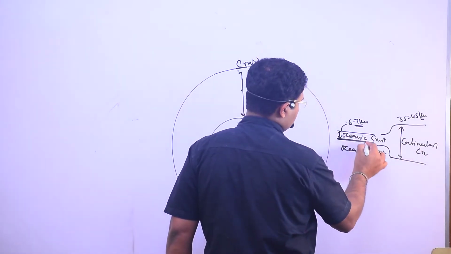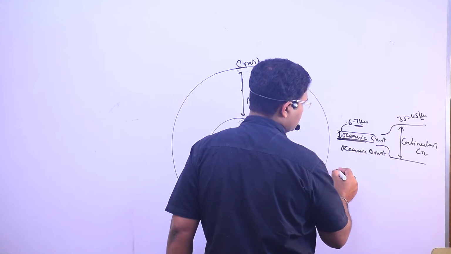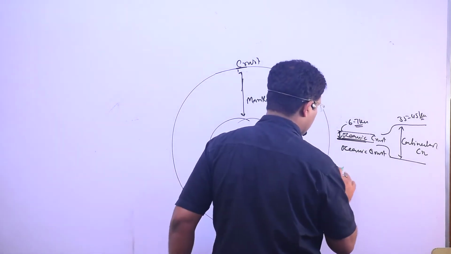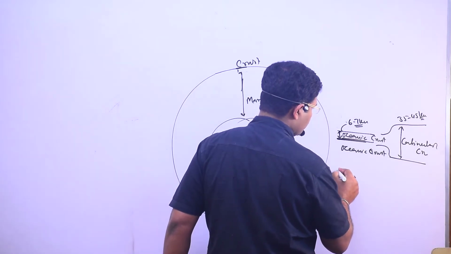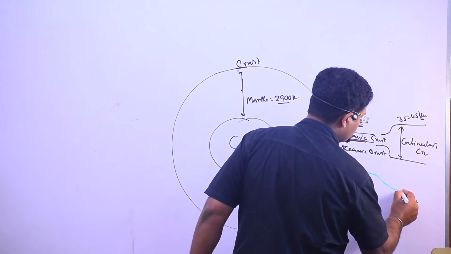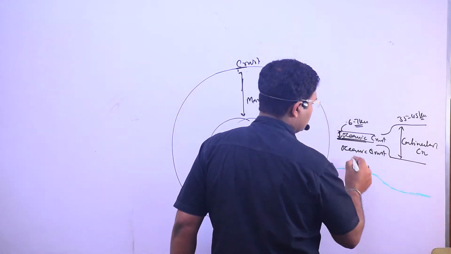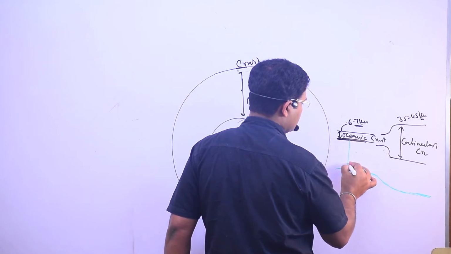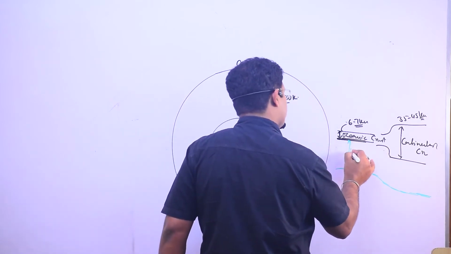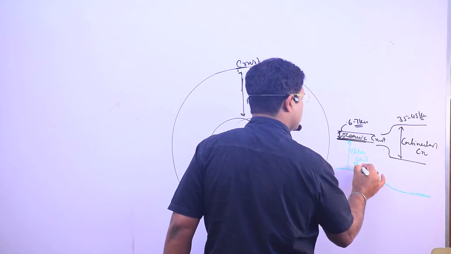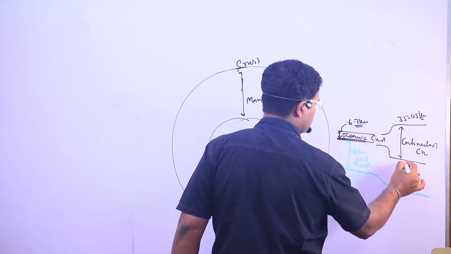This oceanic crust, 6 to 7 kilometer, is attached with the upper solid mantle.